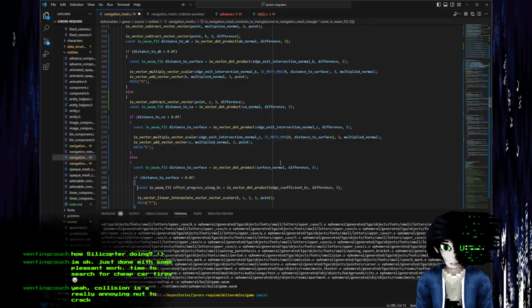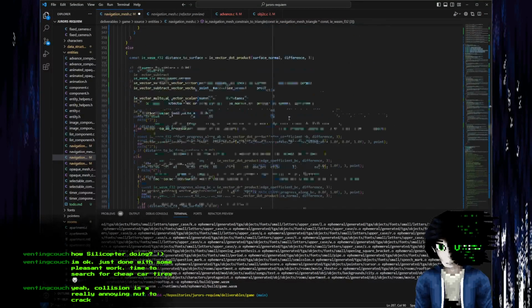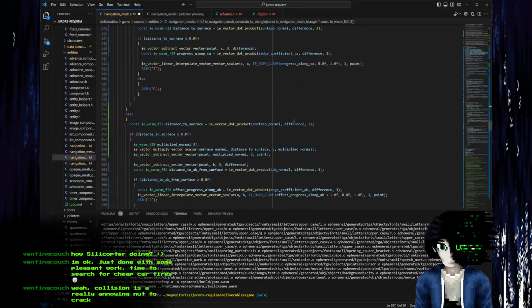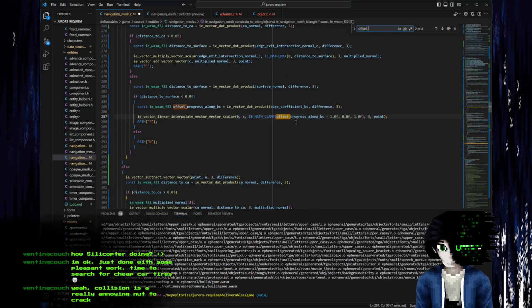Okay, something I'm going to try next. I'm just going to put this back to how it was. I'm going to check with the other one. Oh, wait. It needs to be +1, not -1.